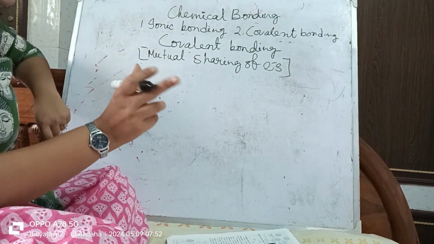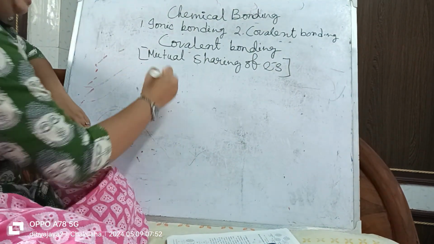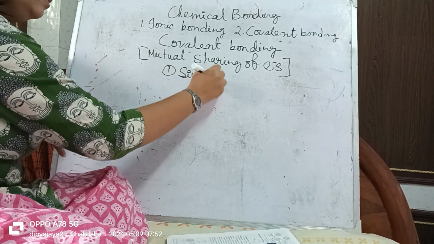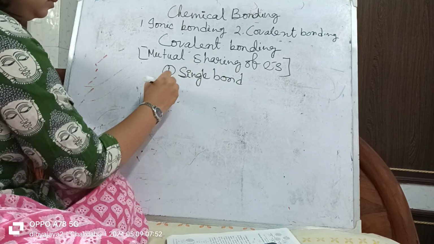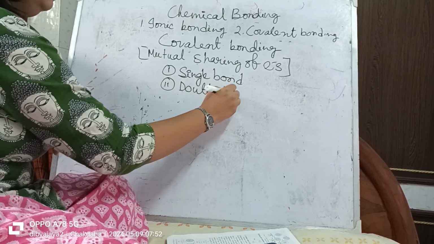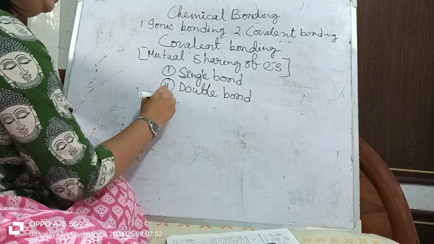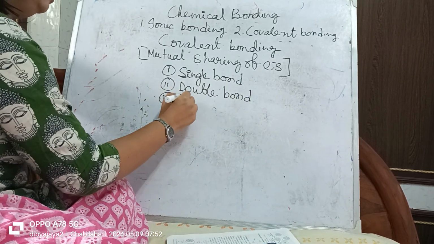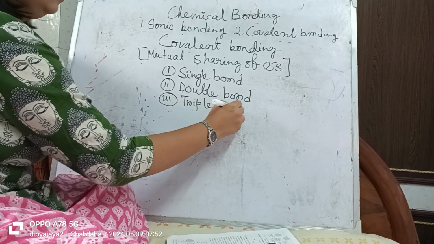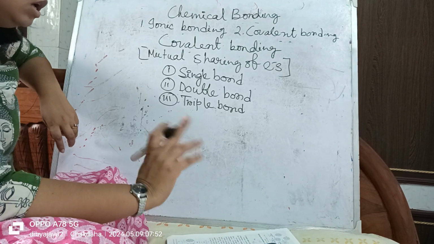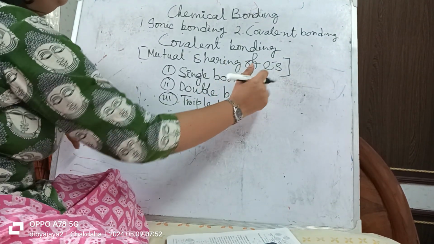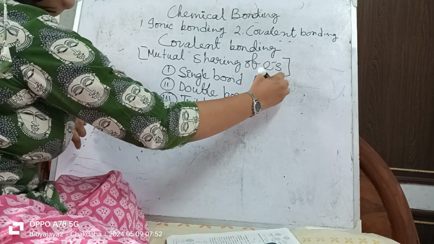Okay, and covalent bonds are of three types: single bond, double bond, and triple bond. Single bond means between two atoms only one bond is there.